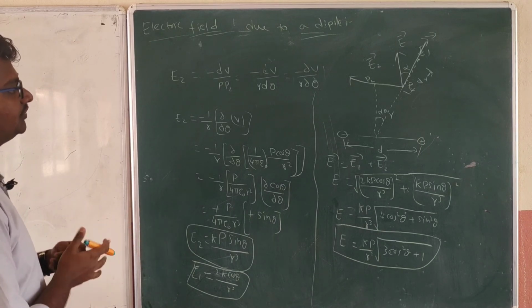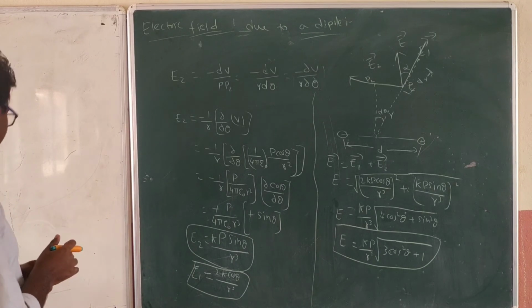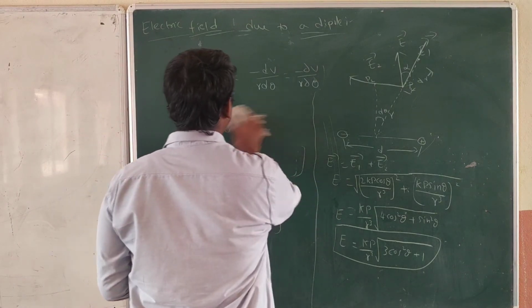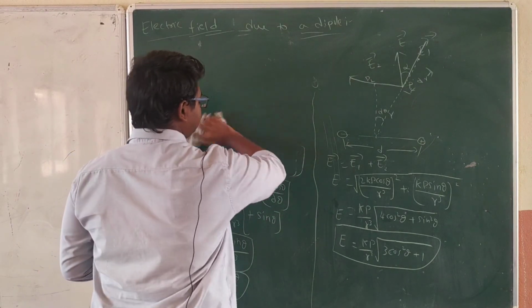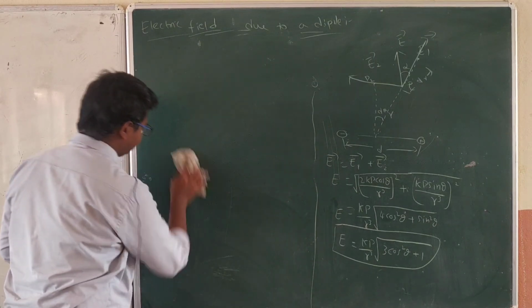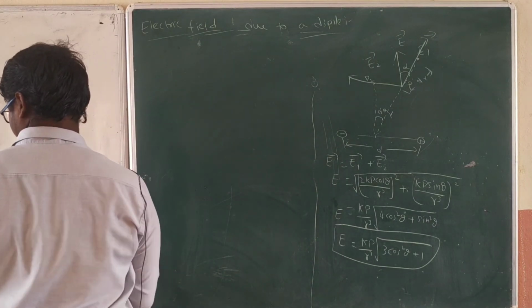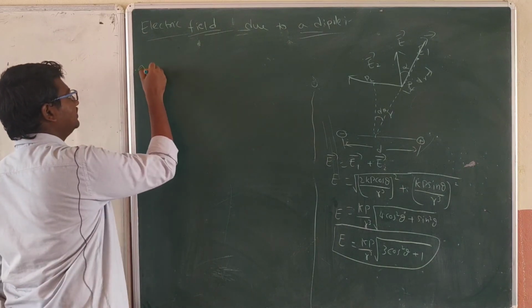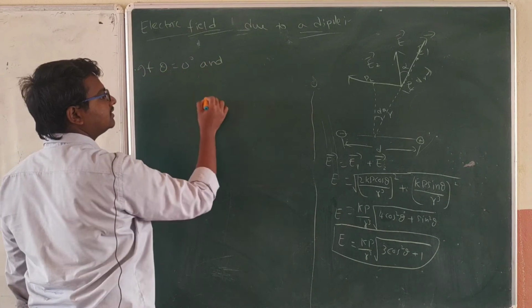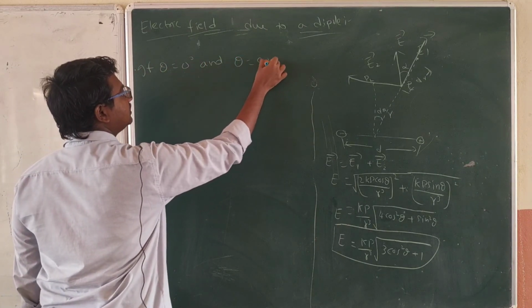In this also we need to see the special cases. Special cases means, if theta is equal to 0 degrees and theta is equal to 90 degrees.